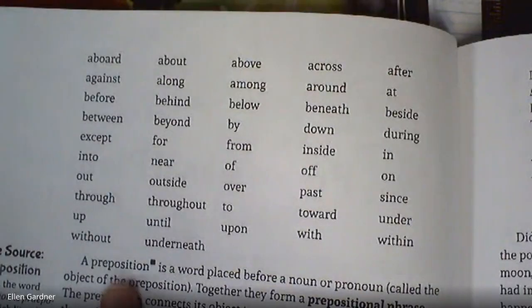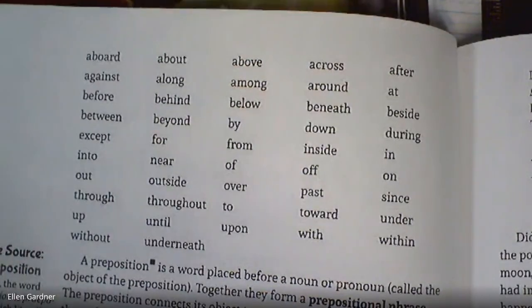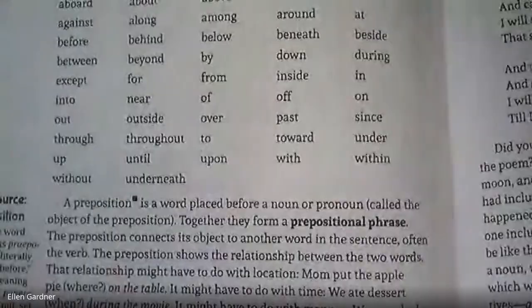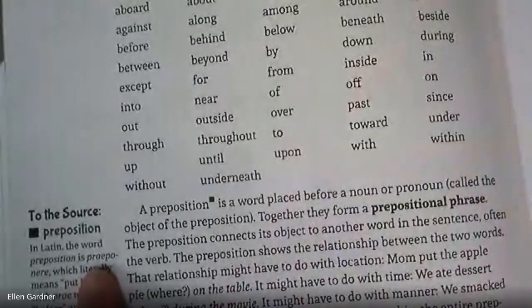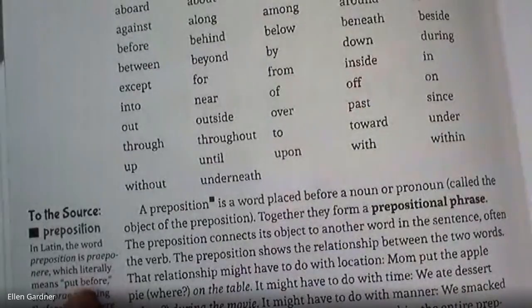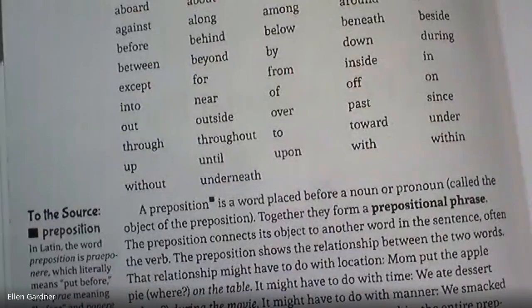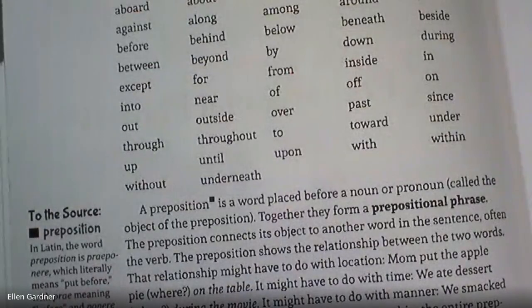Now it says, first of all, over here in Latin, the word preposition is preponere, coming from that same pre that we saw in Latin earlier, which literally means put before. Pre means before, and ponere means to put, set, or place.